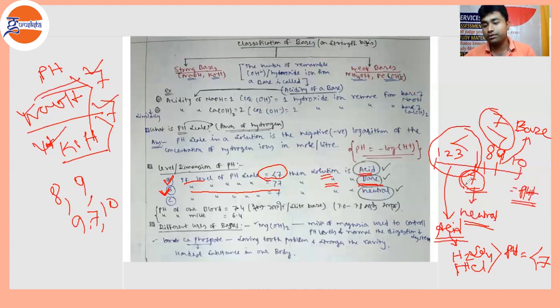Similarly, the value of an acid is definitely less than 7, like H2SO4, HCl, or whatever acid exists in our universe, all have values less than 7.